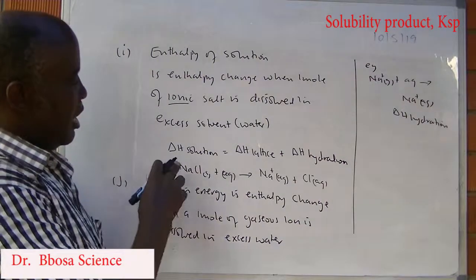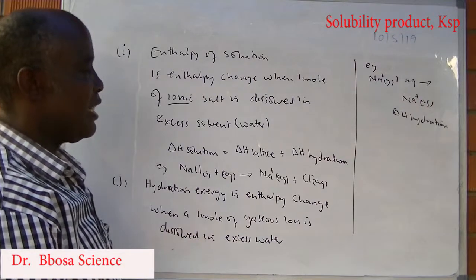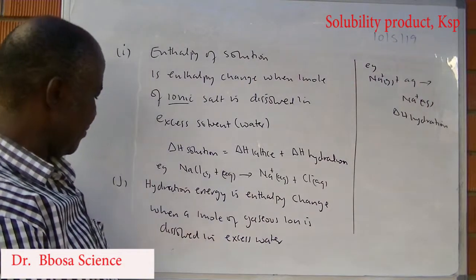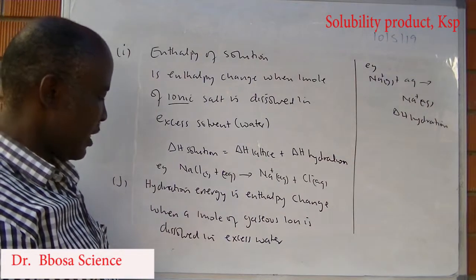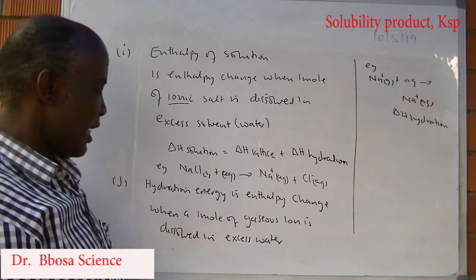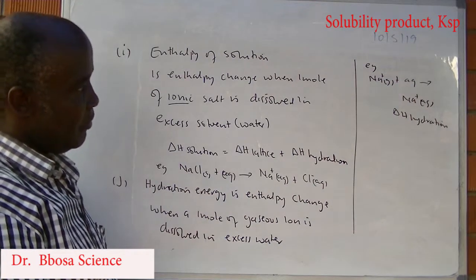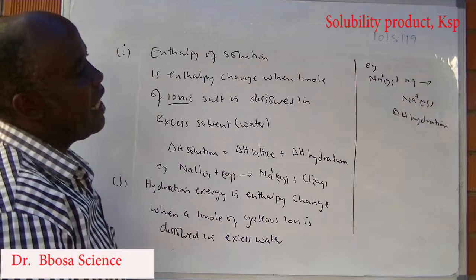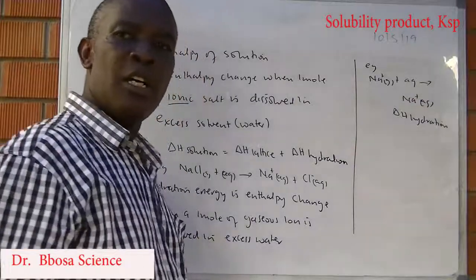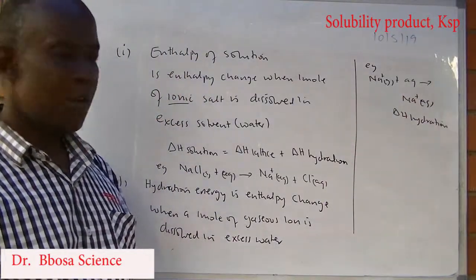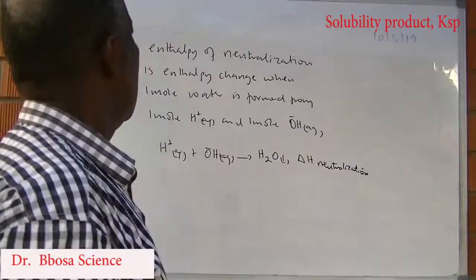Enthalpy of solution is equal to lattice energy plus hydration energy. Then J, hydration energy, is the enthalpy change when one mole of gaseous ion is dissolved in excess water. For example, sodium gas plus aqueous, you get sodium aqueous. The enthalpy change is enthalpy of hydration.